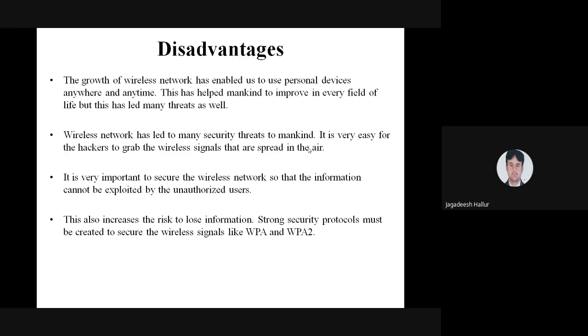So be careful before using your mobile phone, WhatsApp and Facebook. Anyone can make your videos viral. Strong security protocols have to be installed in the system, such as WPA, Wi-Fi Protected Access, and WPA2. This is what point number 1 covers.